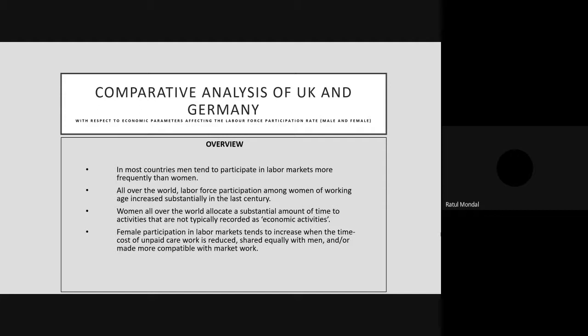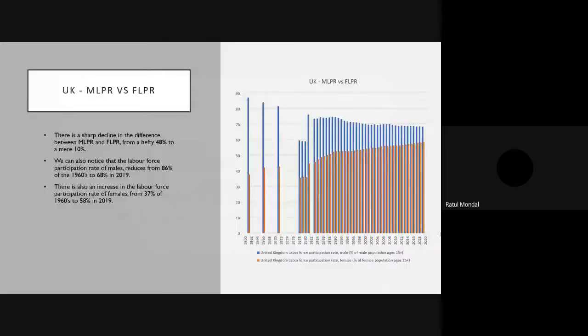So this has decreased constantly with age as the world is developing. And now we can see that female participation in labor markets tends to increase when the time cost of unpaid care work is reduced, shared equally with men, and or made more compatible with market work.